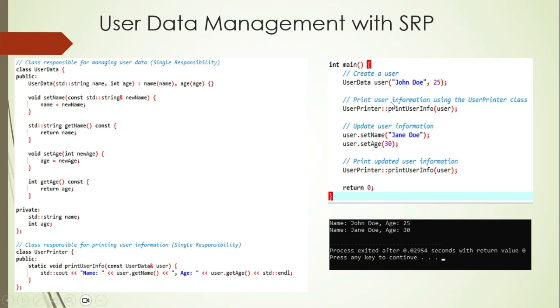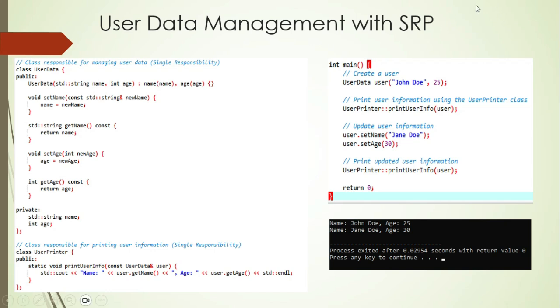Now this is the main, int main. The main function demonstrates how the classes work. First thing you should see here is the UserData object. This creates a UserData object named user with the name John and age of 25.